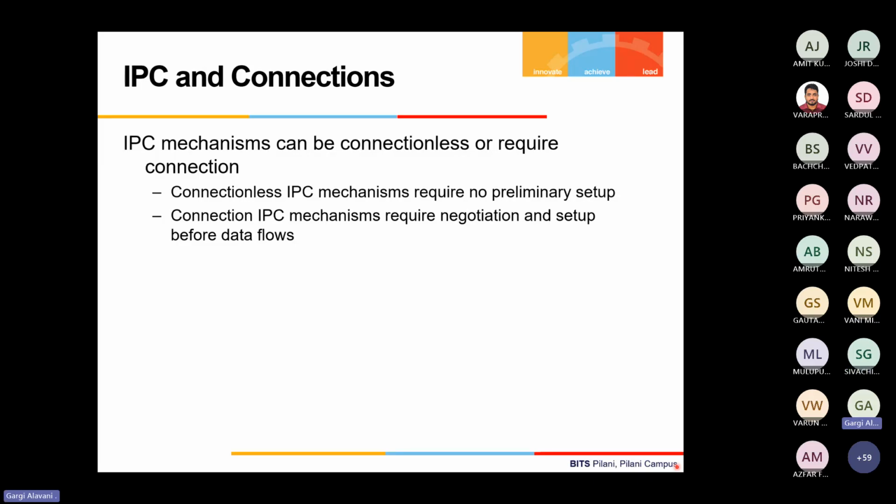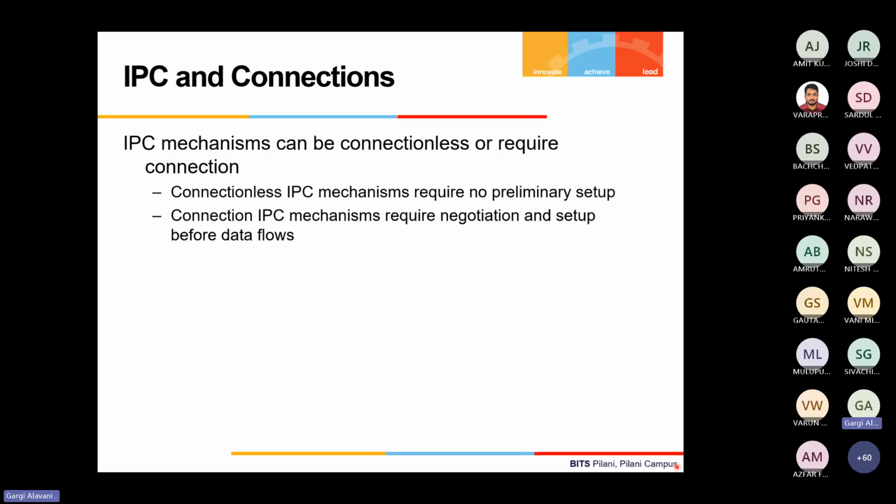So what kinds of connections are available when it comes to inter-process communication? Here there are two types: connectionless and connection-oriented. In connectionless, the IPC mechanism does not need any preliminary setup.